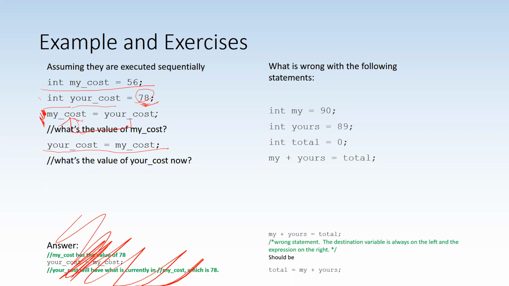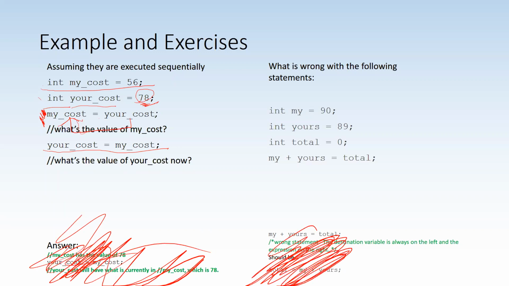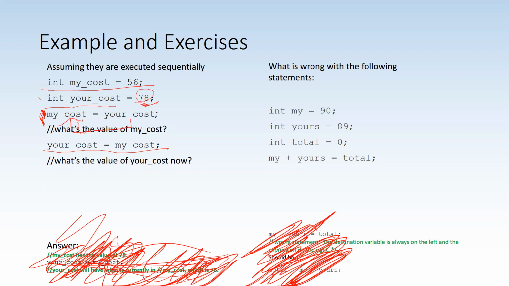Would it still be 78? Still 78. Why? You never changed the value again. It didn't override my cost, so 78.